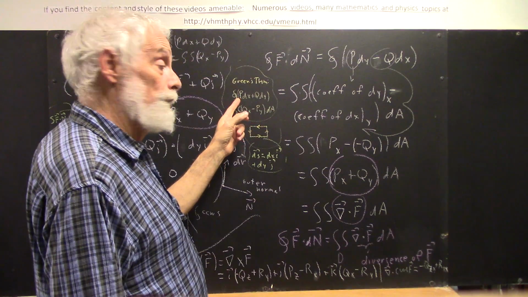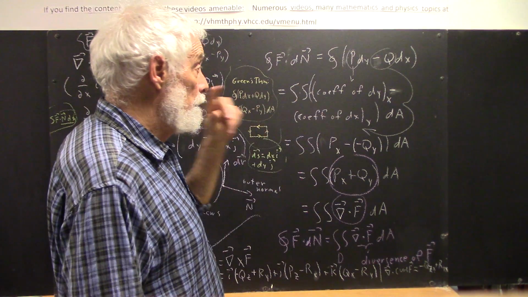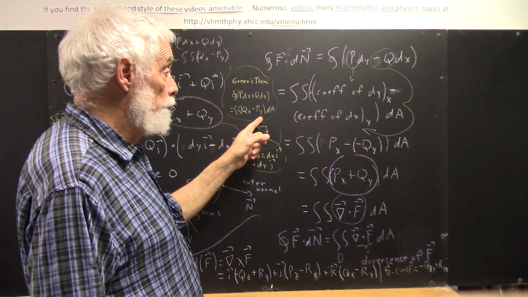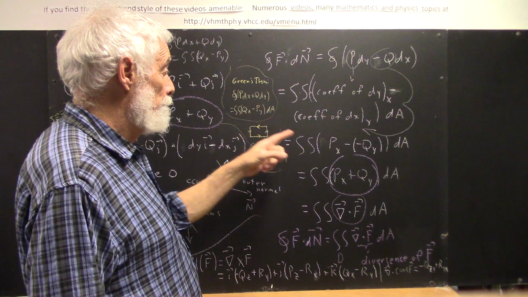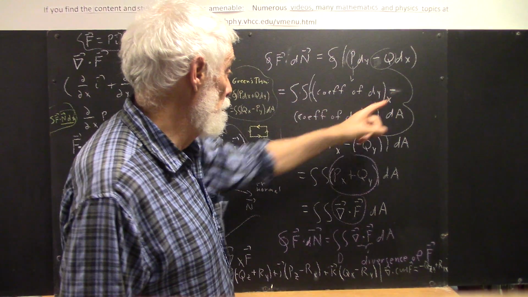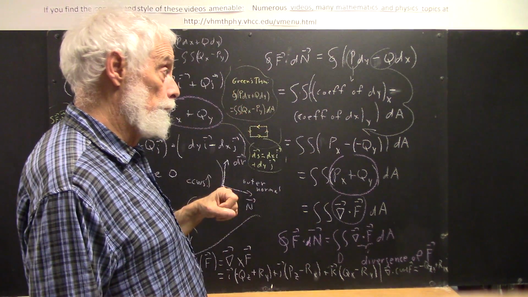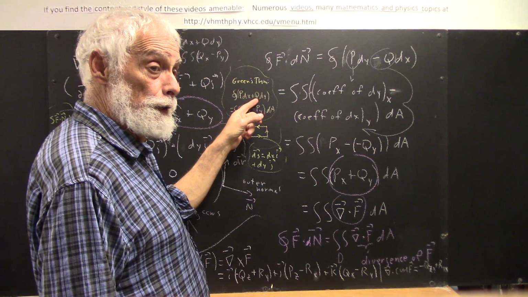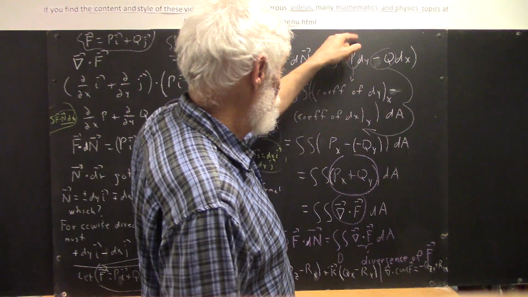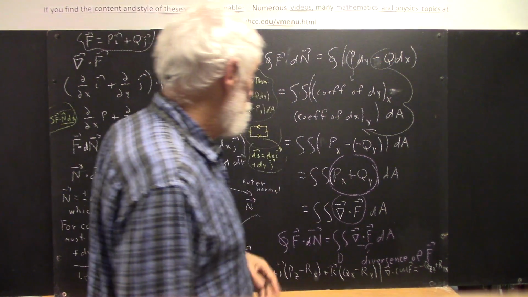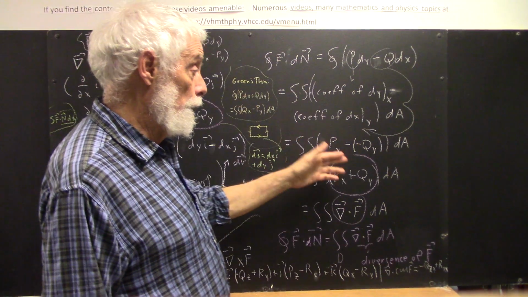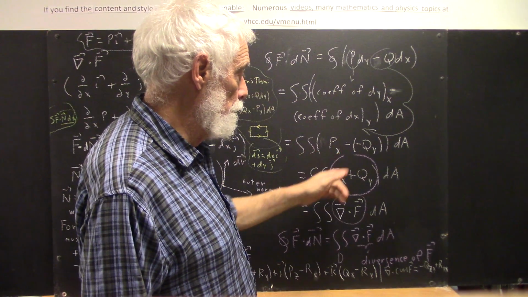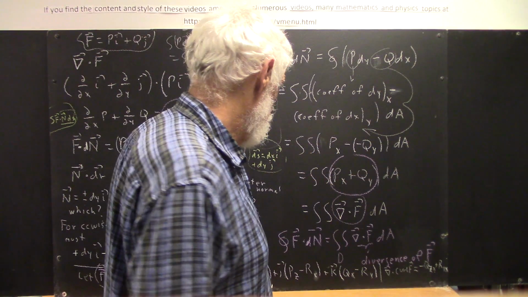Whatever's in front of dx, in this case it looks like negative Q, we're going to take the negative of its y derivative, and the x derivative of whatever's in front of dy, which in this case would be the P. So we end up with the double integral of Px minus negative Qy dA, which of course is just the double integral of Px plus Qy dA.